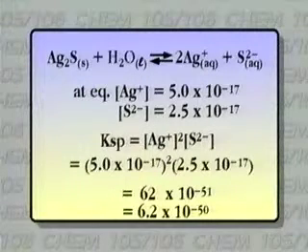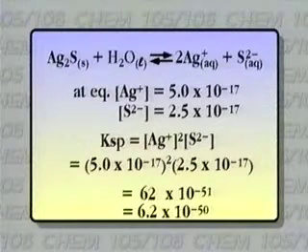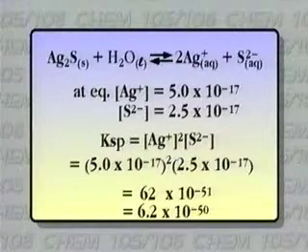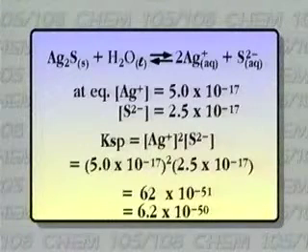Look at the magnitude of this number, 10 to the minus 50. Quite obviously, this material, silver sulfide, is not very soluble. By the way, remember I said that we could have written products over reactants instead.